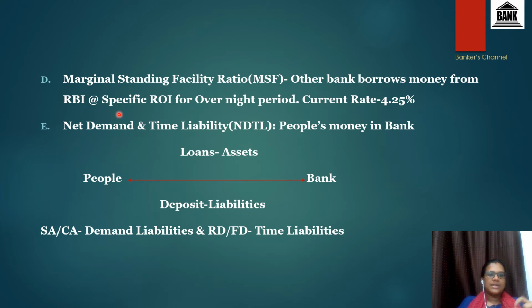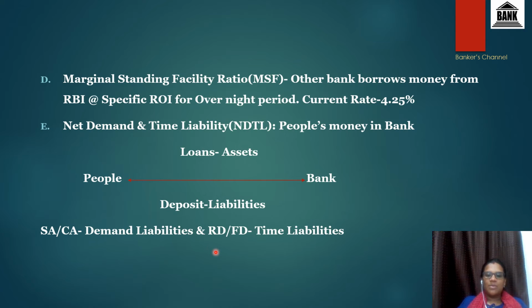Next is the marginal standing facility rate. This is nothing but other banks borrowing money from the Reserve Bank of India at a specific rate of interest for an overnight period. In repo rate, banks borrow for a short span of time, which is 0 to 90 days, and for bank rate, at a long term, which is 90 to 180 days.